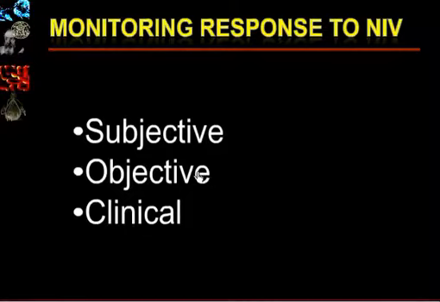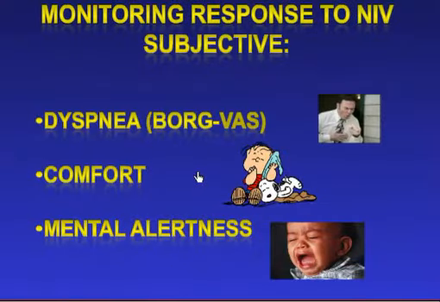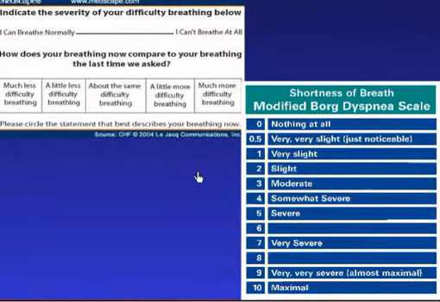Then there are other kinds of monitoring systems: the subjective, objective, and clinical. In what concerns the subjective response, if you refer to the dyspnea score, for example, or the comfort score, or the mental alertness, one of the examples that show you how things can work in this semi-quantitative approach may be just giving the patient a visual analog scale, and the patient can just mark where he feels, or if he's comfortable, or what his or her level of dyspnea is.